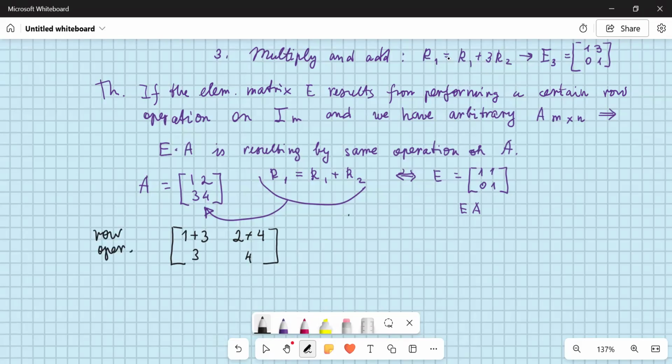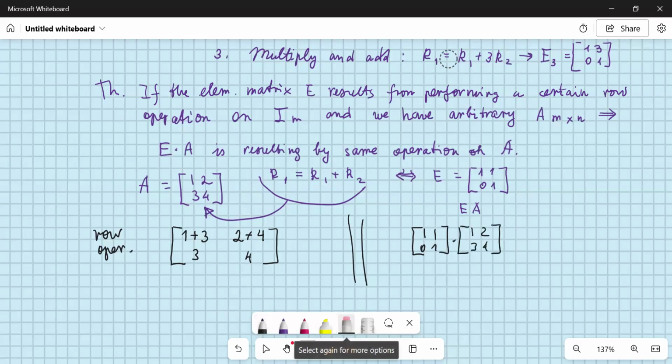On this side, I'm going to do a multiplication. So I'm going to multiply the elementary matrix 1, 1, 0, 1 by matrix A, 1, 2, 3, 4. My 4 doesn't look very 4, looks like 1 actually. How is my product going to look?